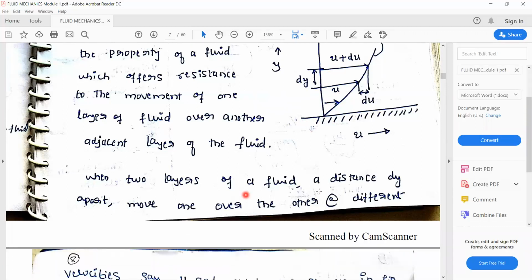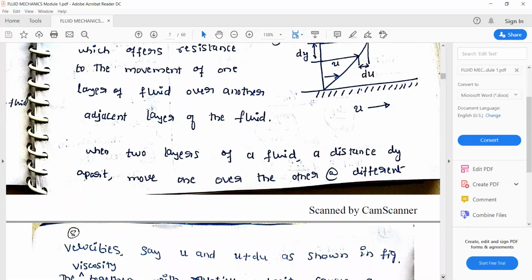When two layers of a fluid, a distance dy apart, move one over the other at different velocities, say u and u plus du as shown in the figure, this is moving with velocity u and this is moving with velocity u plus du.